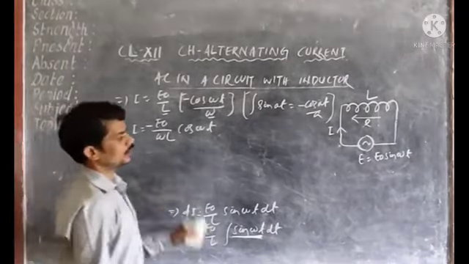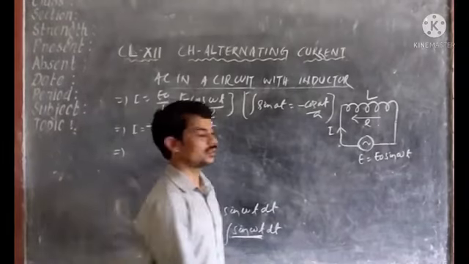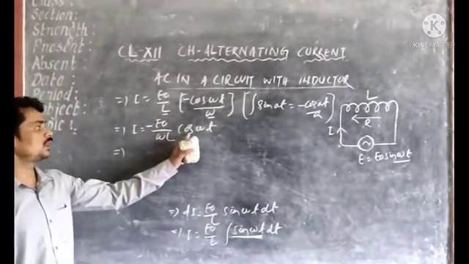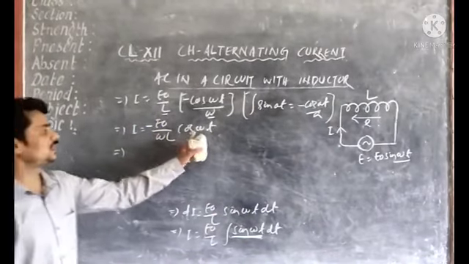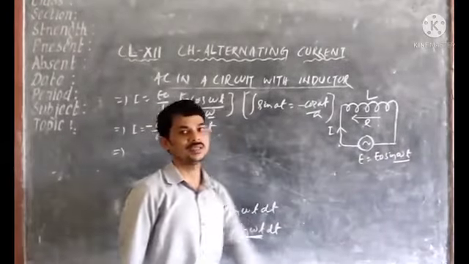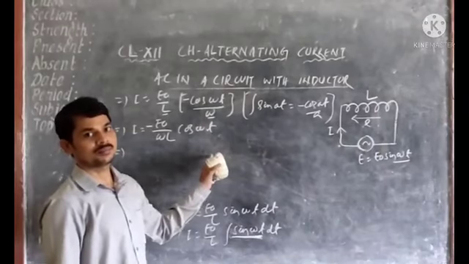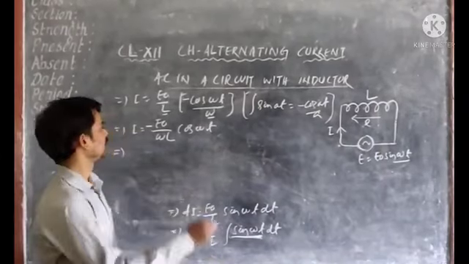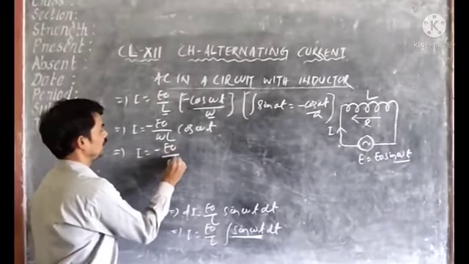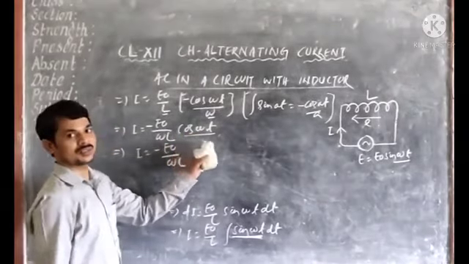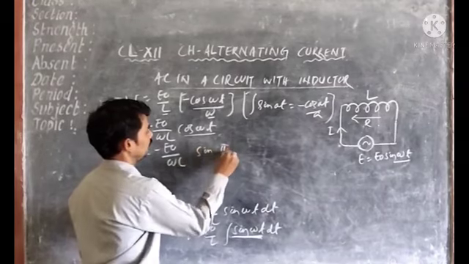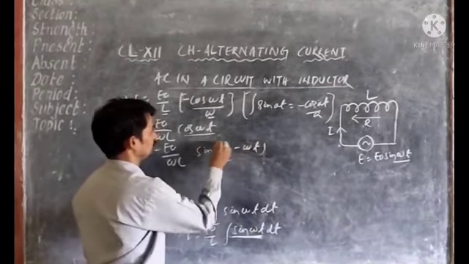Now because our alternating EMF is in the form of sin omega t, and the expression we have got is in the form of cos omega t, we need to write this cos omega t in the form of sin omega t so that we can compare both quantities. Then we can write I is equal to minus E naught by omega L times cos theta, and cos theta can be written as sin of 90 minus theta.